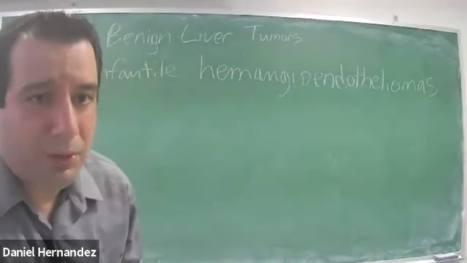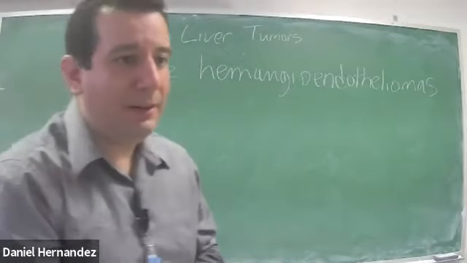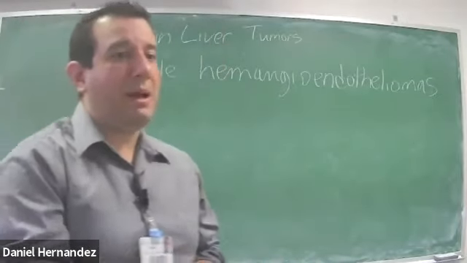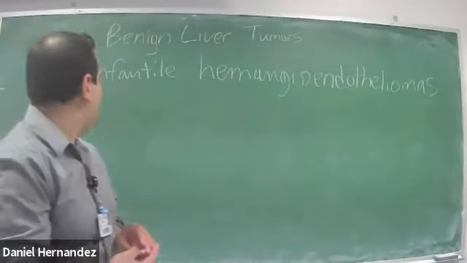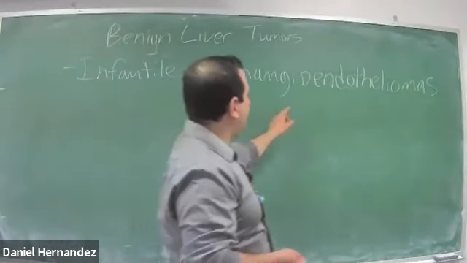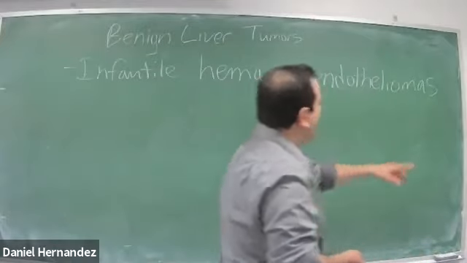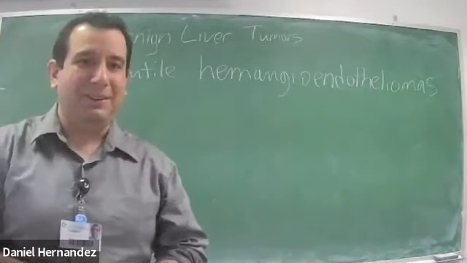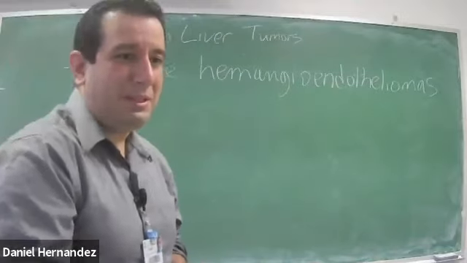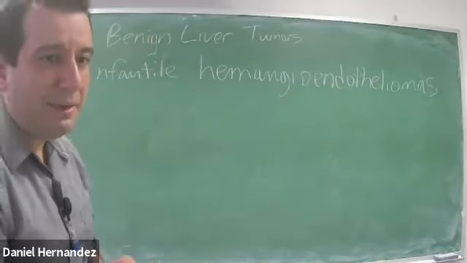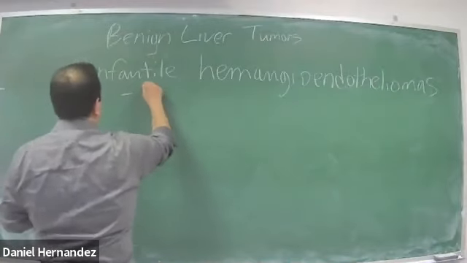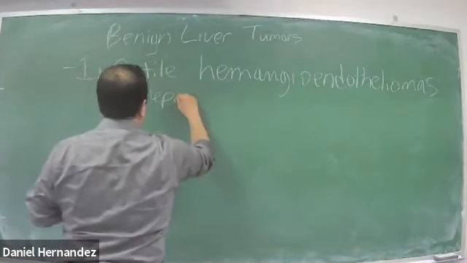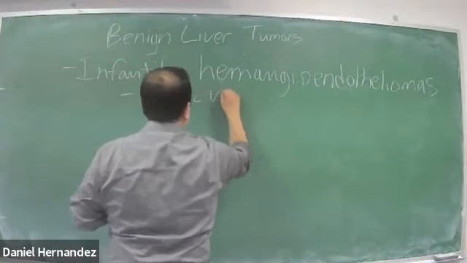So the first one is called an infantile hemangioendothelioma. Right, it's a mouthful. So this is an infantile hepatic vascular tumor.